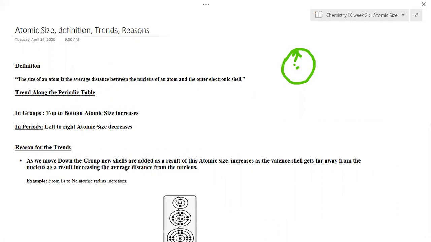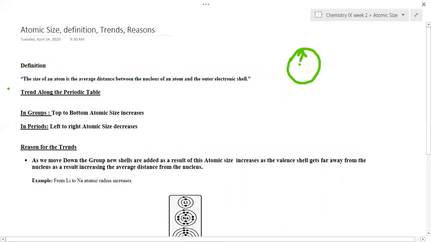Let's talk about the trends of atomic size. Trend means how the atomic size varies across the period and across the group. In groups, from top to bottom, atomic size increases. Whereas in periods, from left to right, atomic size decreases.